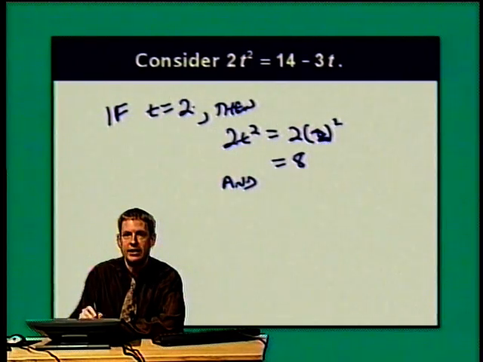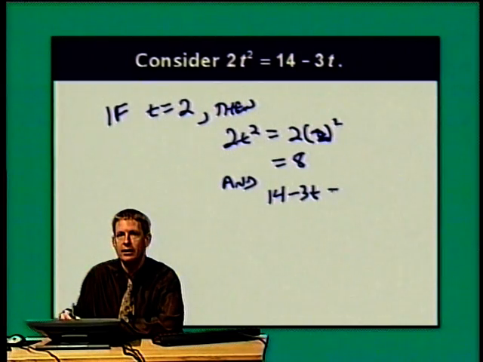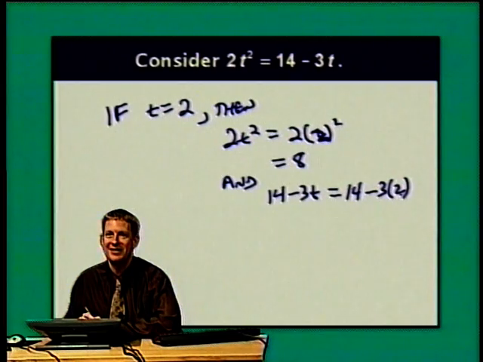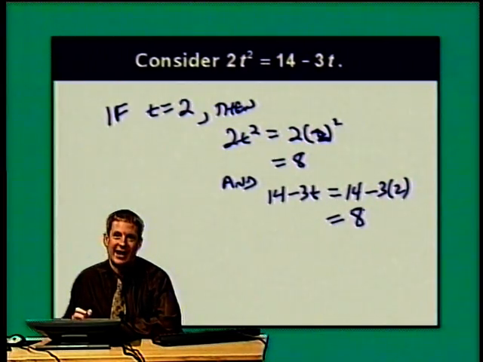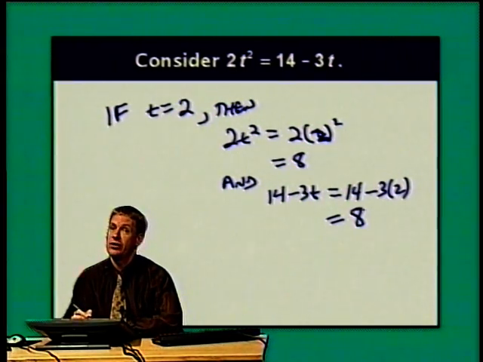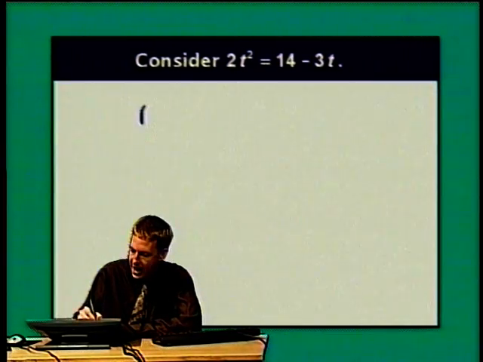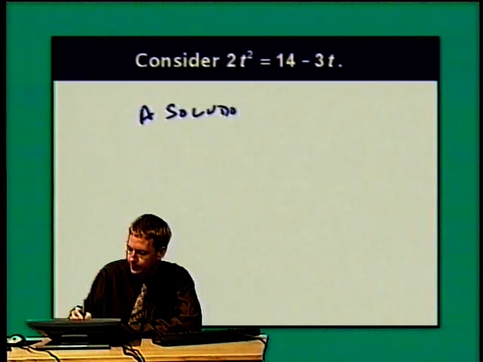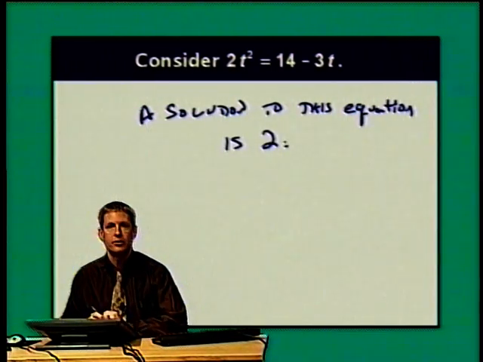And if t is 2, the expression on the right, 14 minus 3t, becomes 14 minus 3 times 2. 3 times 2 is 6. Take 6 from 14, and good for us, we get 8. When t is 2, both expressions in our equation evaluate to 8, so 2 is a solution. A solution to this equation is the number 2.